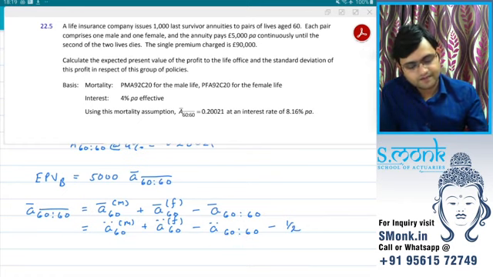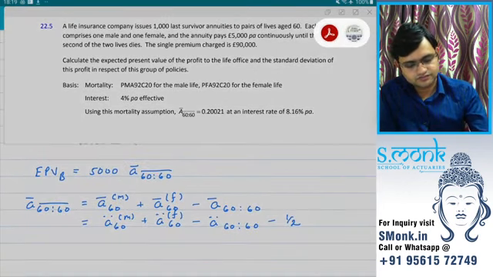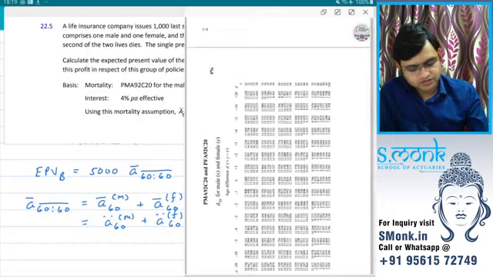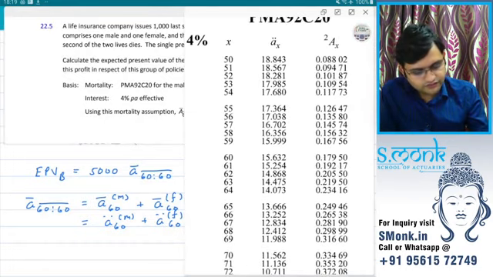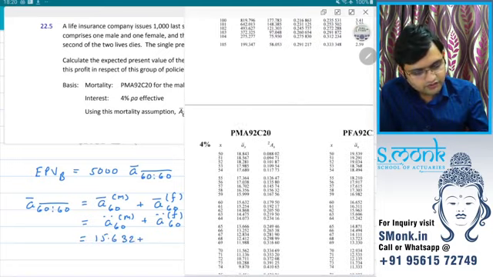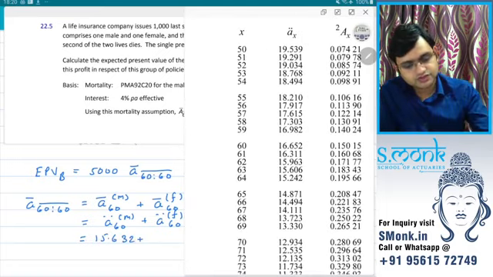Okay. So first of all, ä_60 for male is 15.632, for female 16.652, minus joint life 60.